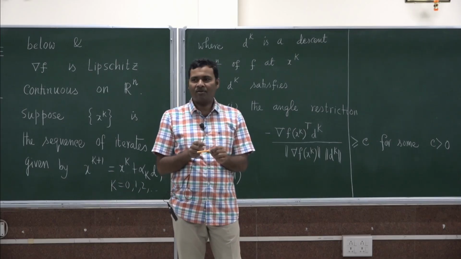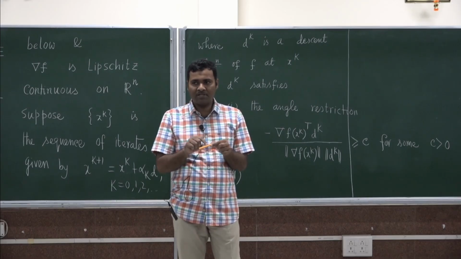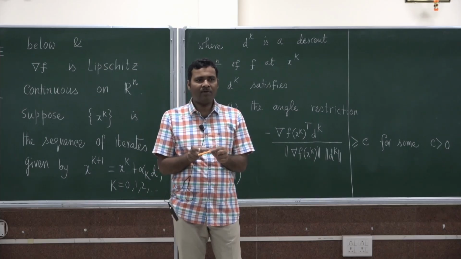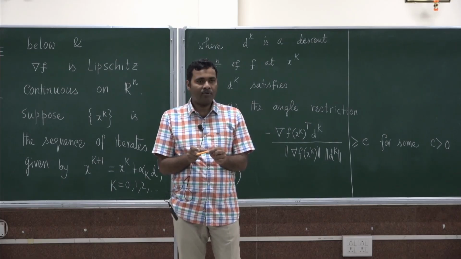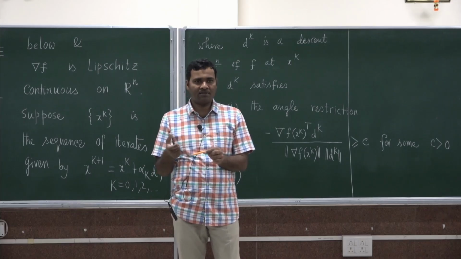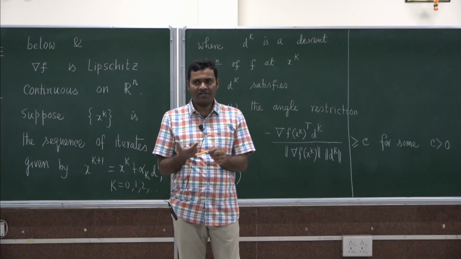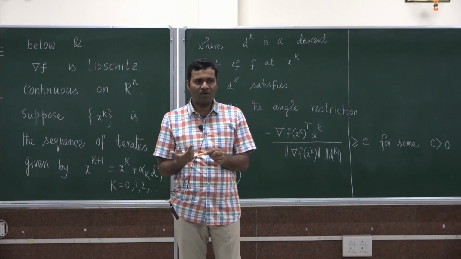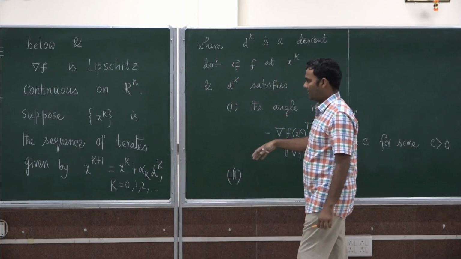My movement has to happen on this direction, and then the step length alpha_k will determine how much I will move. If I consider d_k to be d_k divided by norm of d_k, the unitized direction, then my step length will just be scaled. So there is no restriction as such if I take norm of d_k less than or equal to 1, or norm of d_k bounded. Fine, that restriction I will require later on.